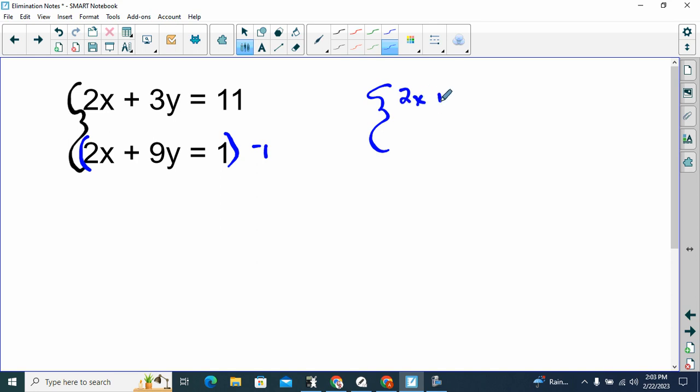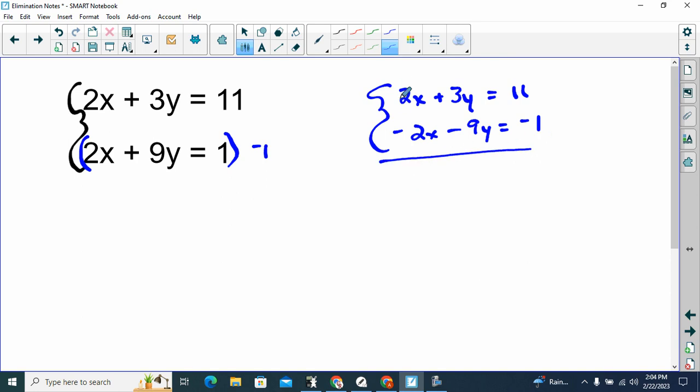so that the top equation stays the same, recopy it. And the bottom equation, I'm going to do 2x times negative 1, 9y times negative 1, and 1 times negative 1. We are distributing that times negative 1.